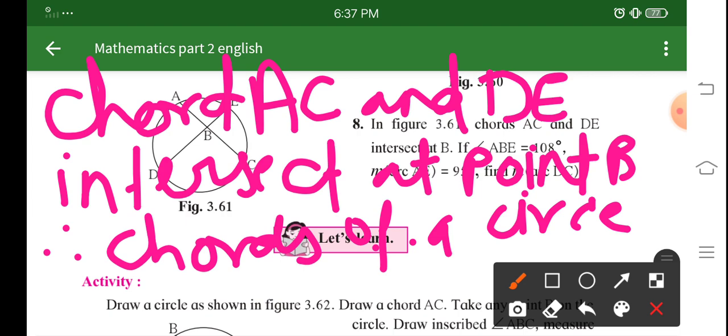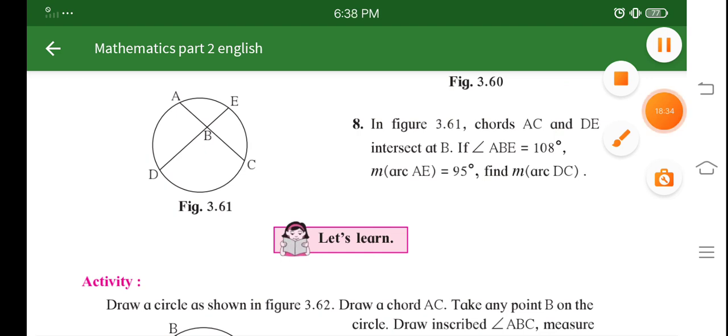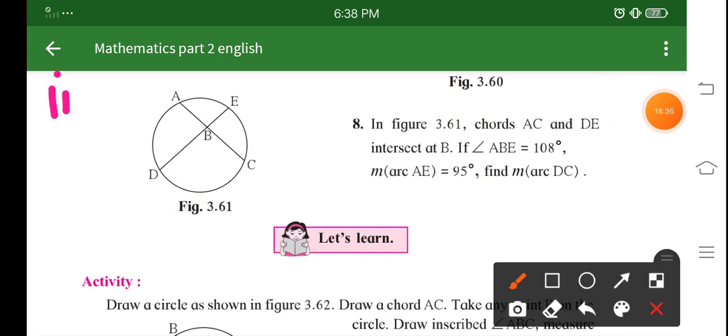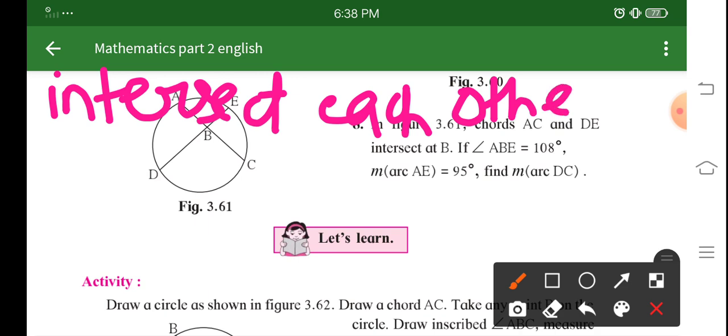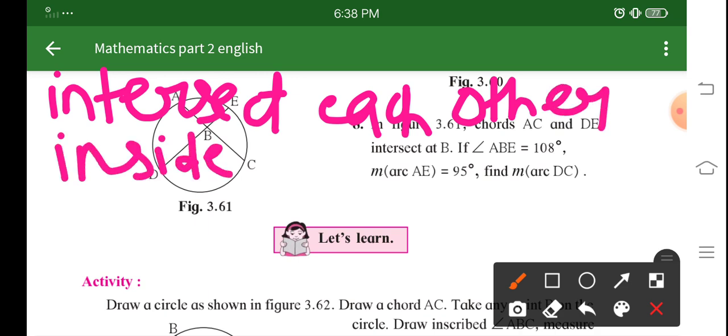So that you have to write over here. Chords of a circle intersect each other inside. Where? Inside, internally, circle के अंदर, right?